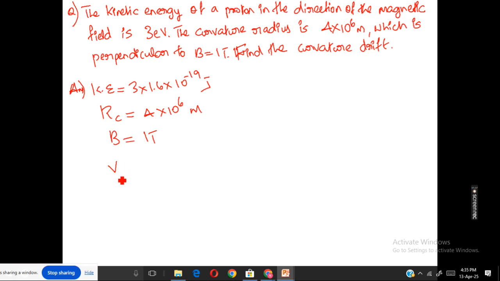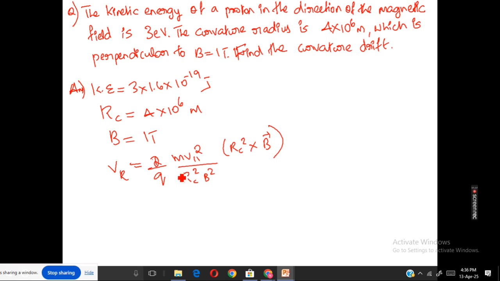We have to find the curvature drift velocity. V_R is given by 1 by q, m v parallel square by RC square B square, into RC cross B. Here kinetic energy is given, so just multiply and divide.